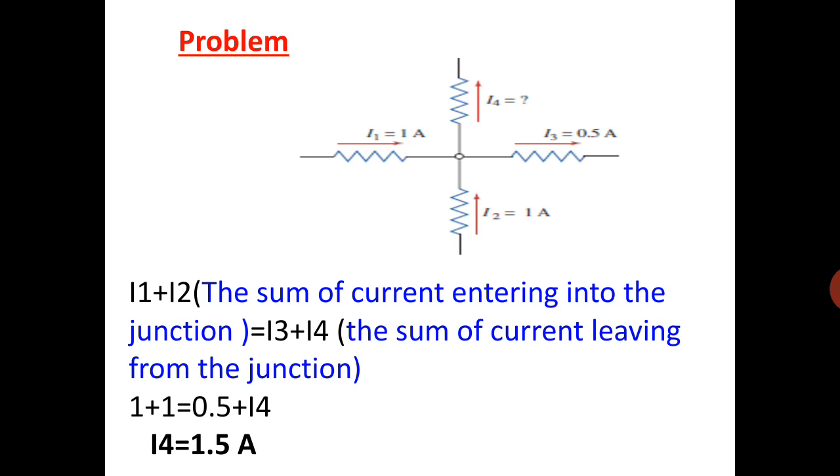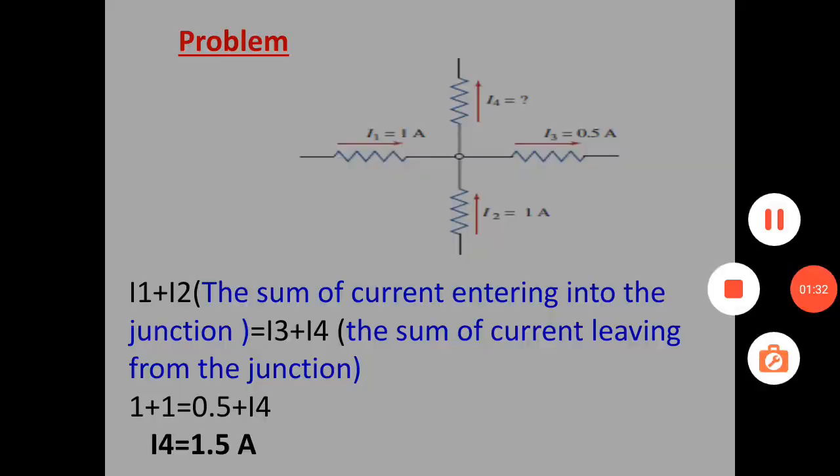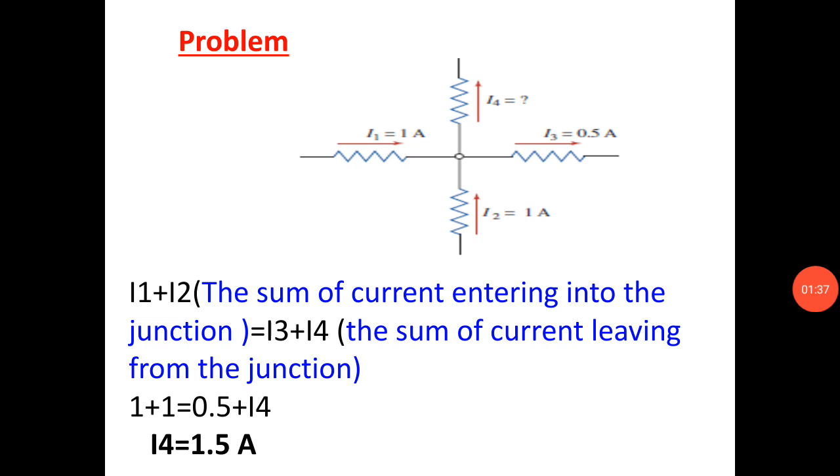In the first resistor, the current flowing is 1 ampere. In the second resistor, it is 1 ampere. In the third resistor, it is 0.5 ampere. In the fourth resistor, how much is the current flowing? They are asking about the current flowing across the fourth resistor.